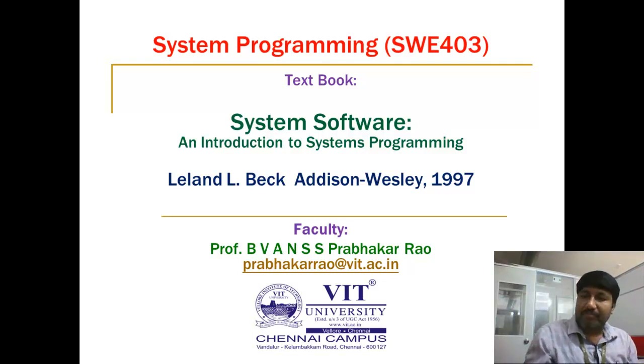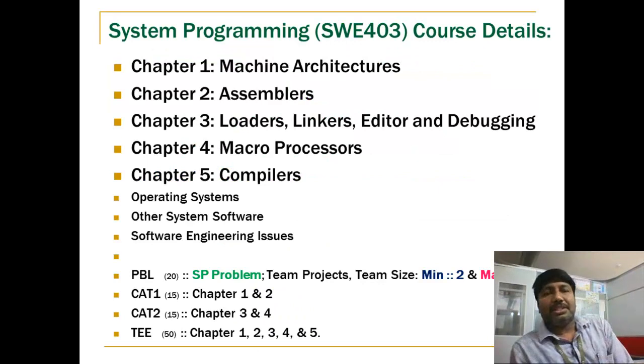prabhakar.vag.sc.in. So for system programming, if you go to the course details, as per the textbook we have different chapters. In chapter 1 we will discuss the background, the so-called machine architectures. Then in chapter 2 we will discuss assemblers. In chapter 3, loaders, linkers, editors, debugging schemes.